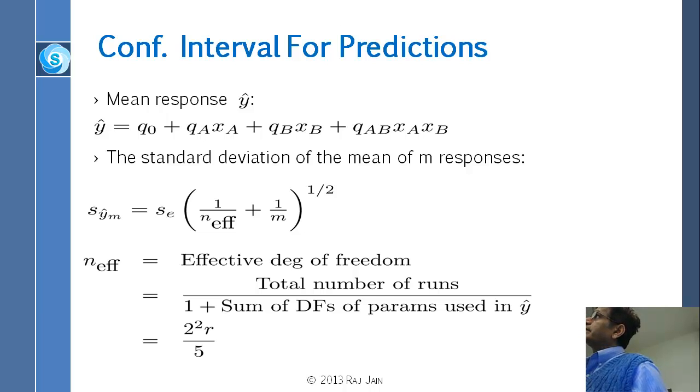In y hat, this one had 1 degree of freedom, so basically 1 plus the sum of degrees of freedom used in y hat. The total number of runs is 2 raised to 2 times r, and then the number of degrees of freedom in the parameters. So we used 1, 2, 3, 4 parameters. Each of them has 1 degree of freedom, and therefore you have 5 here.